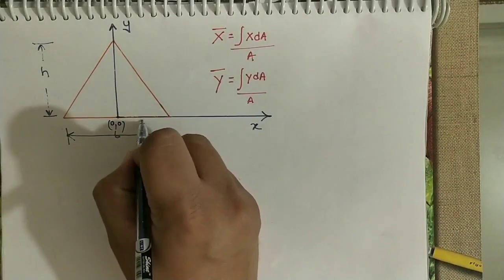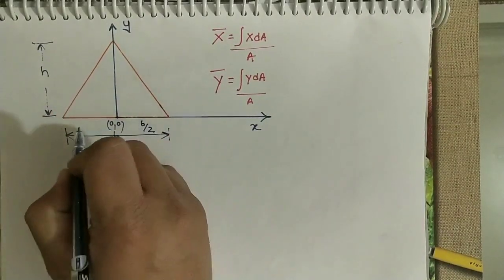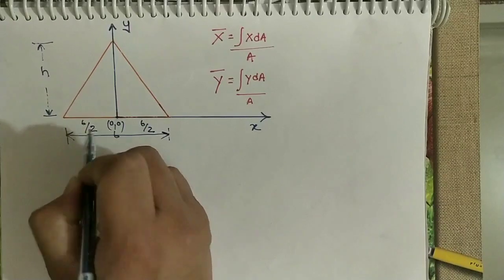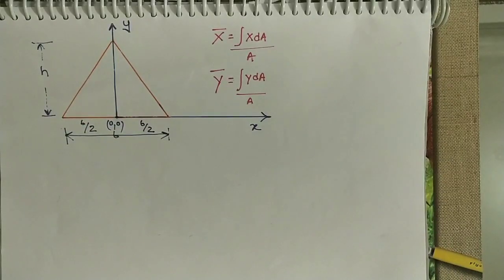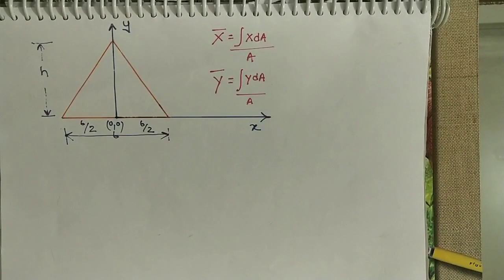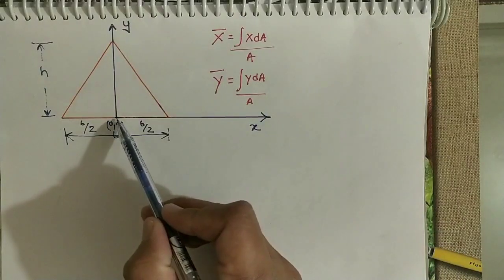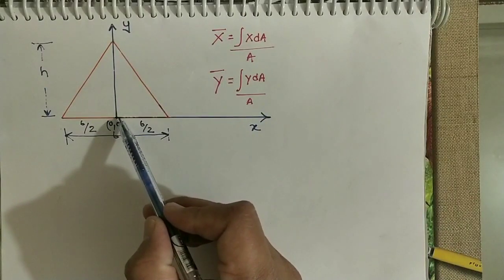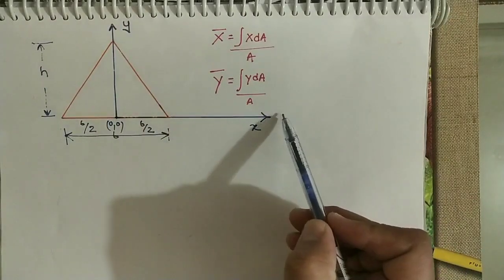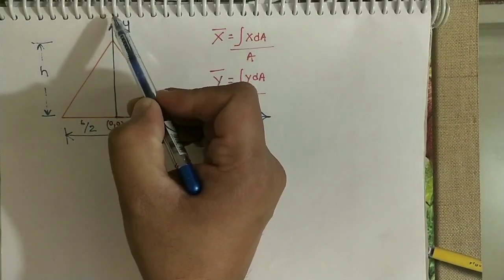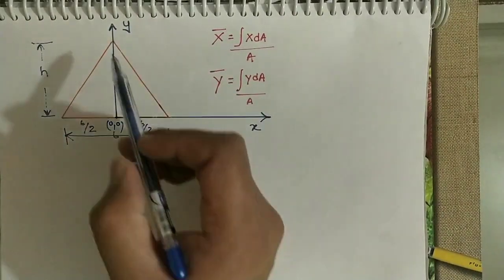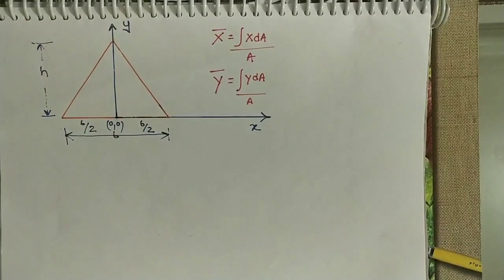So this length is b by 2 and this length is also b by 2. This is the origin of my reference coordinate system. This is the x-axis and this is the y-axis, which is passing through this top point.